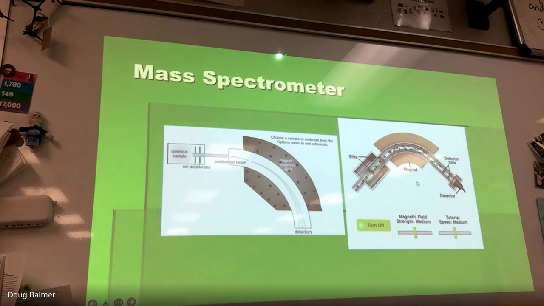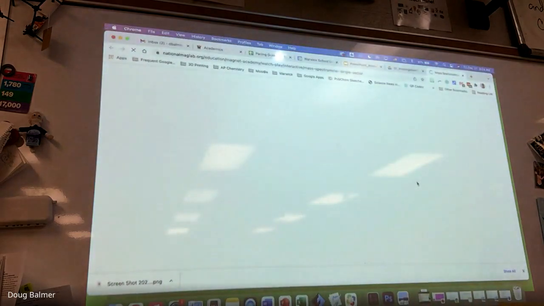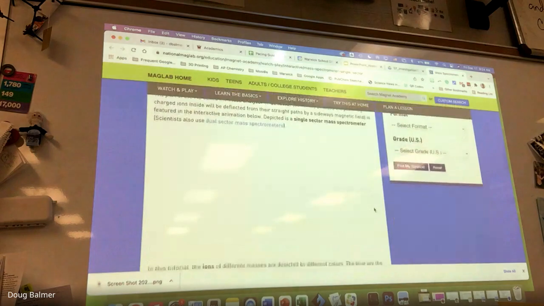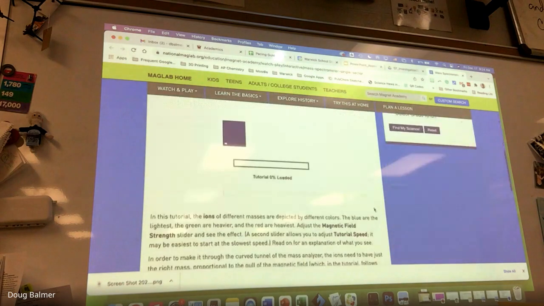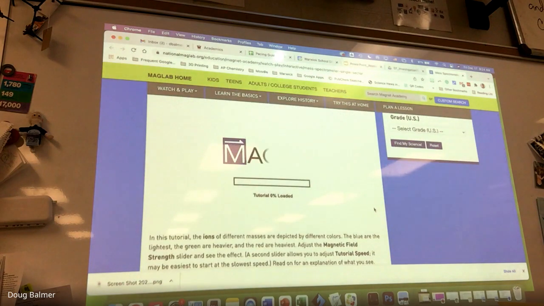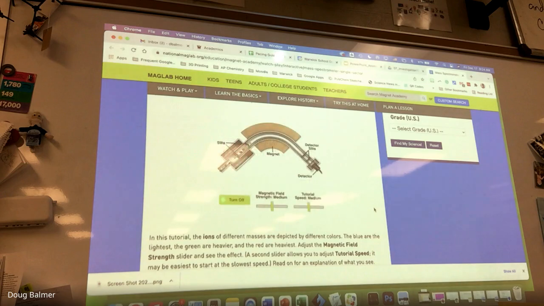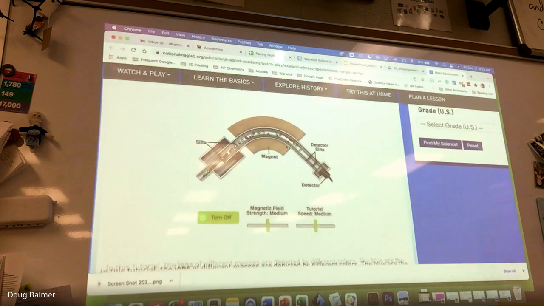So the cool thing is we can basically animate or represent that. So again, it was J.J. Thomson that came up with this instrument because it's basically like a cathode ray tube. He put magnets on the outside. He put charged particles on the outside.